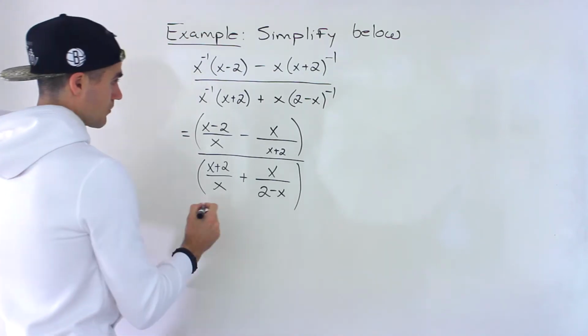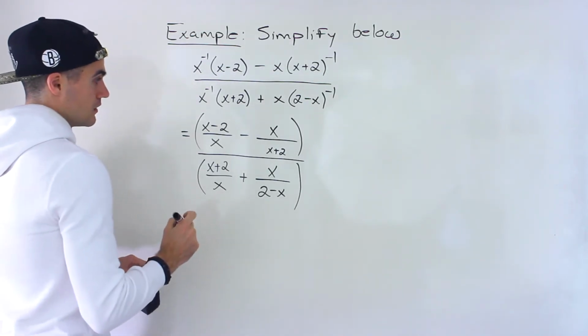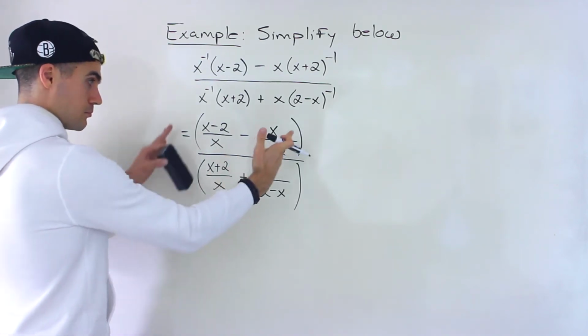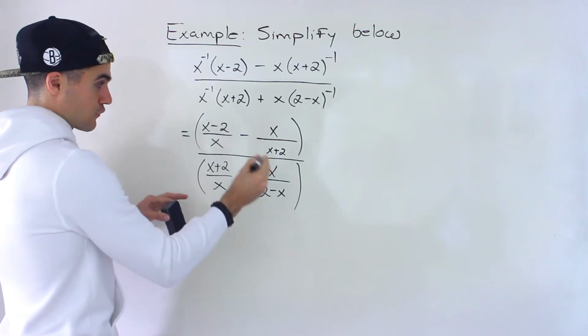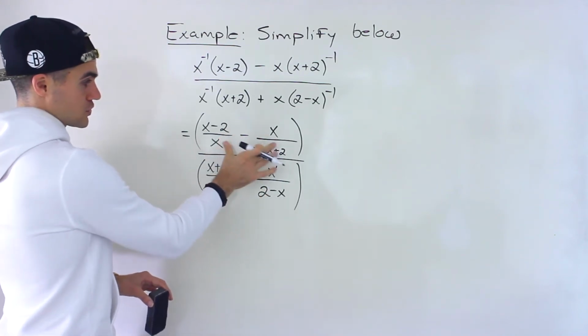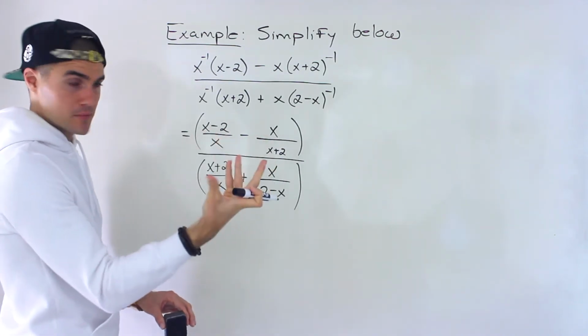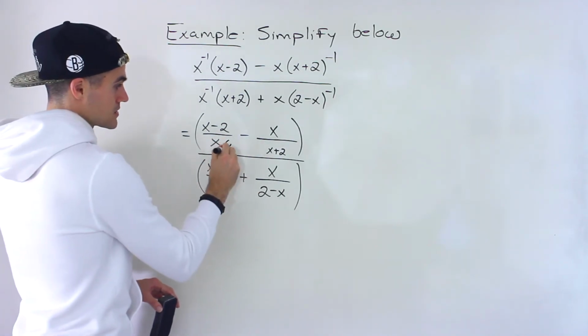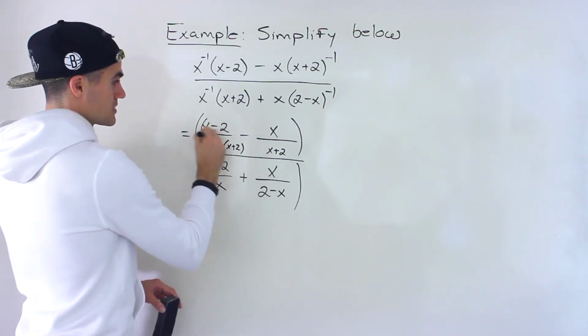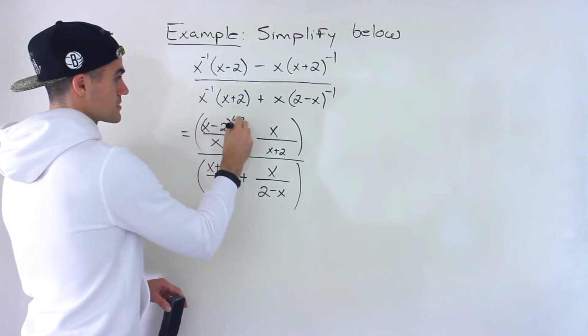So from here, to put these as one rational expression, both of them, notice that they're fractions. So to combine these into one fraction, we need a common denominator. So we would multiply this x by x plus 2, which means the top we have to multiply by x plus 2.